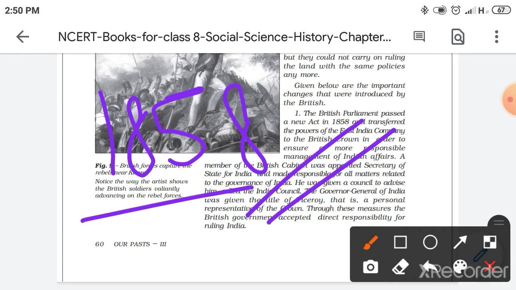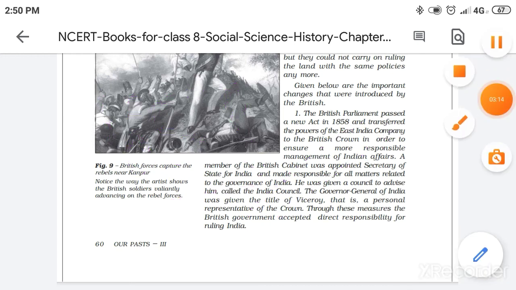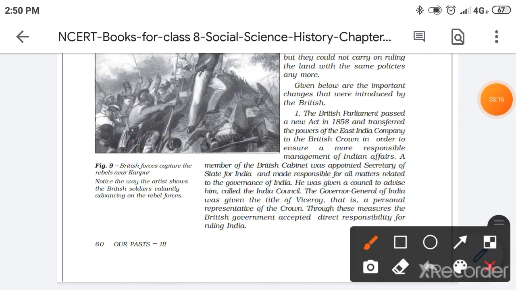Now comes the second thing in the first point. A Secretary of State for India was appointed by the British crown from the British cabinet. Like in India, in the Lok Sabha, the cabinet ministers sit in that part of our parliament.